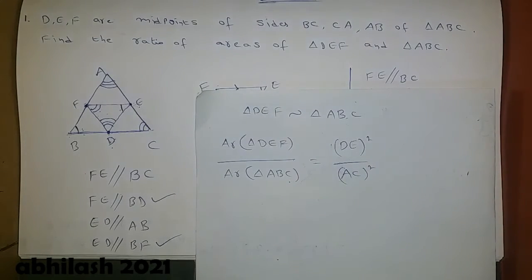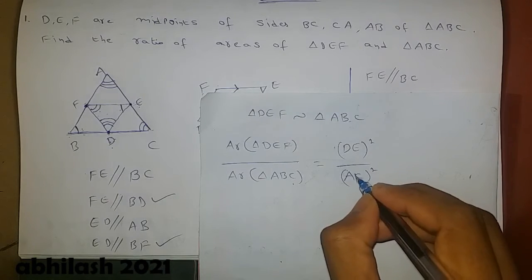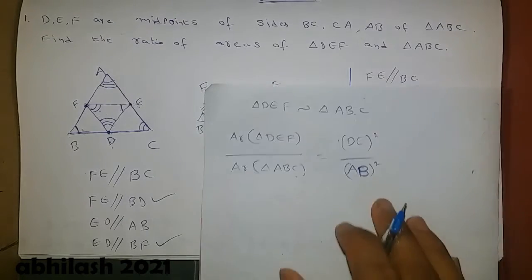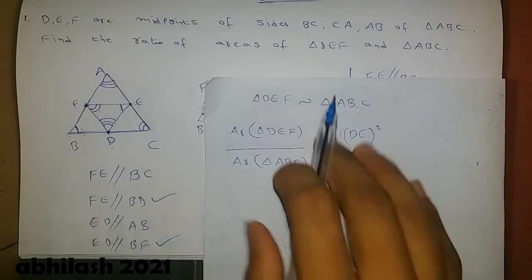So DEF area divided by ABC area is equal to DE square by AC square. Sorry, I will take it as AB because of corresponding sides, right? Okay, AB square.